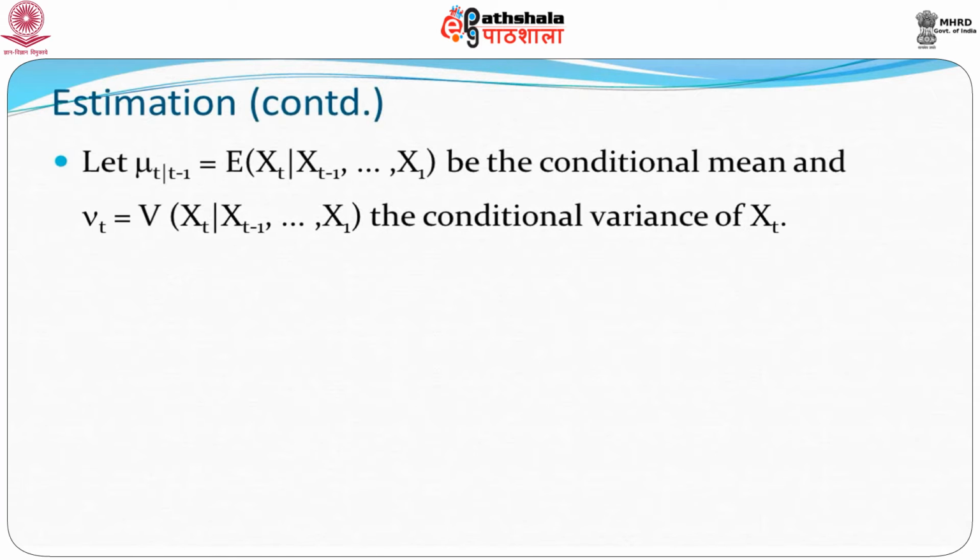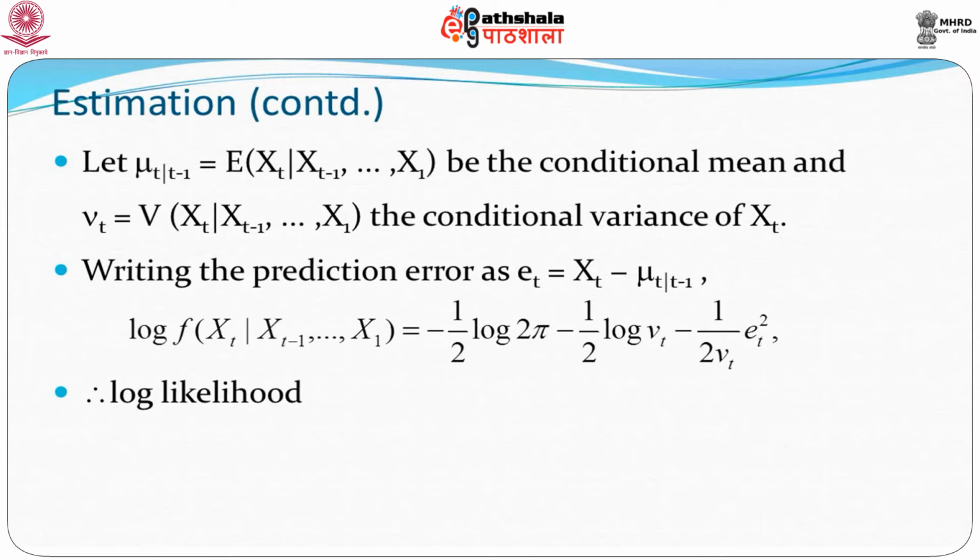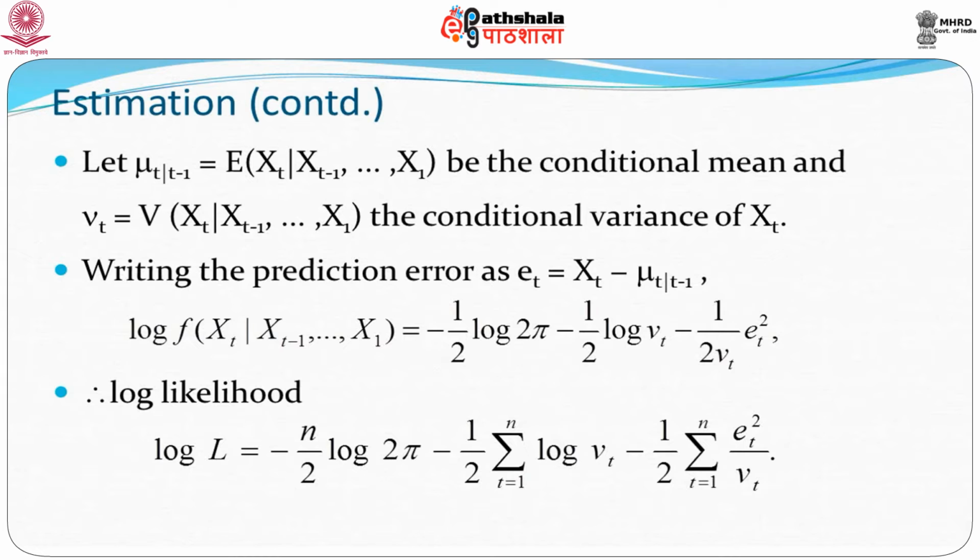Now, let us take mu t given t minus 1 as the conditional mean, that is, it is the expectation of x t given the past values x t minus 1 to x1.